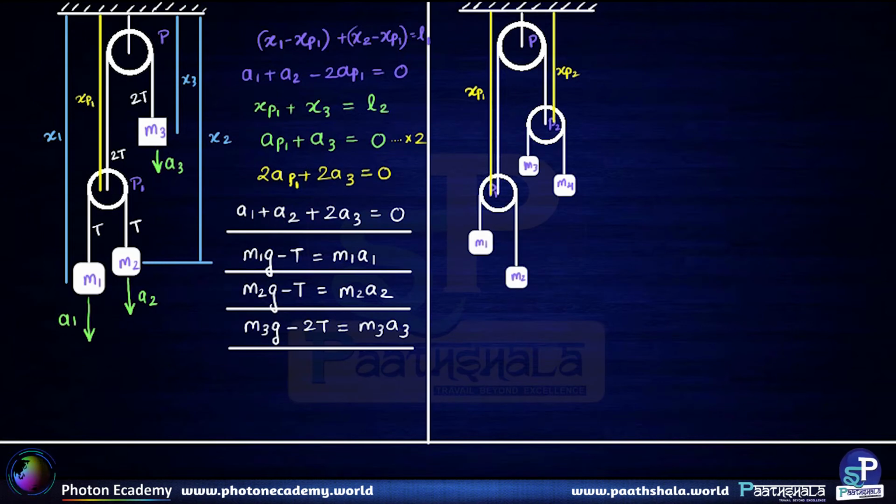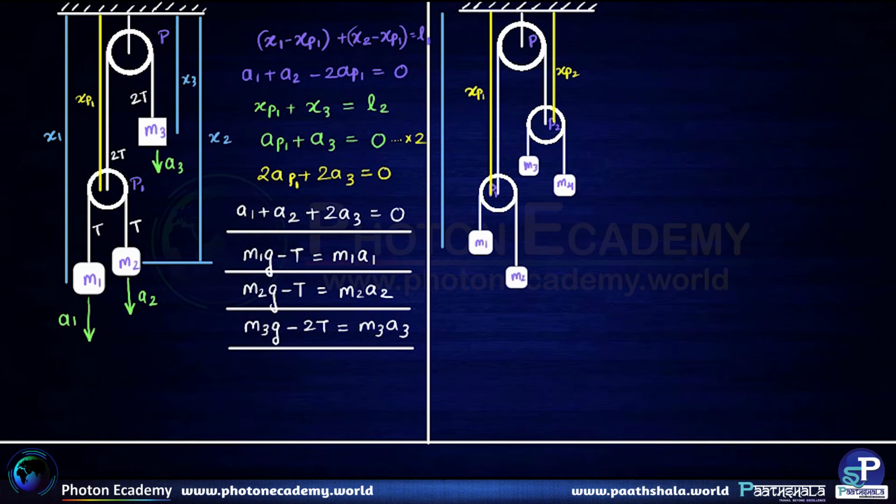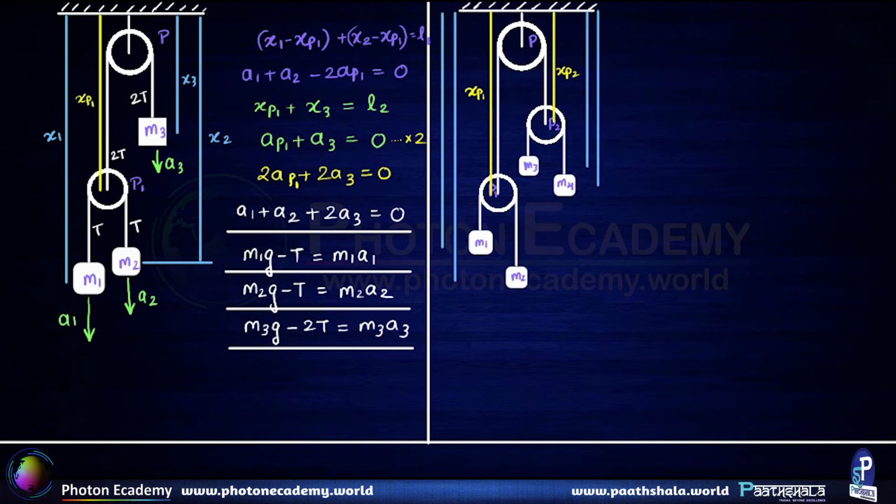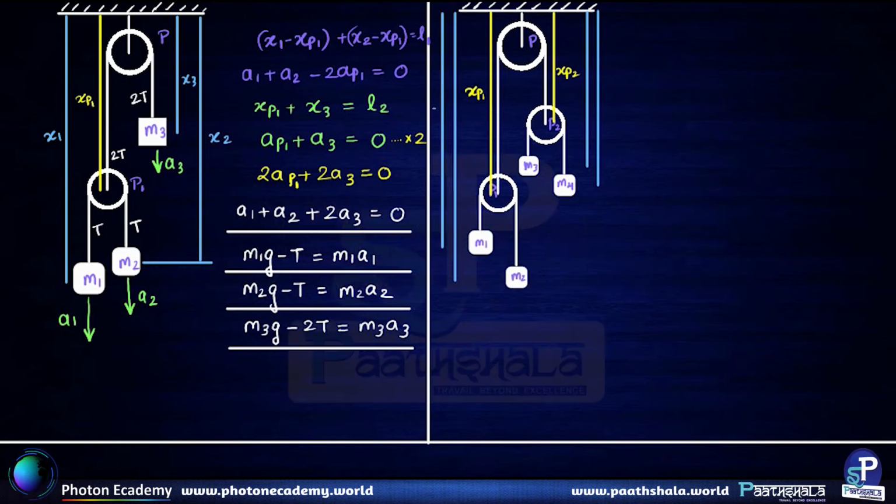Let us take the distance of M1 from the rigid support to be X1, M2 till the rigid support to be X2, M3 till the rigid support to be X3 and M4 till the rigid support to be X4. So this is X1, this is X2, this is X3 and this is X4. These are the distances as shown.